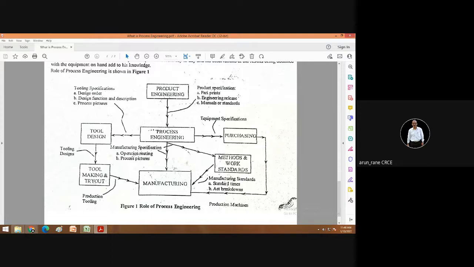What are the different standards? You have ISI standard, that is standards which are published by Indian Standards Institution, whose apex body is in New Delhi. They have many standards for different materials.